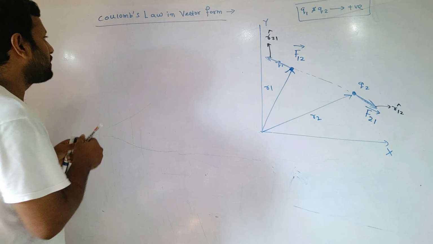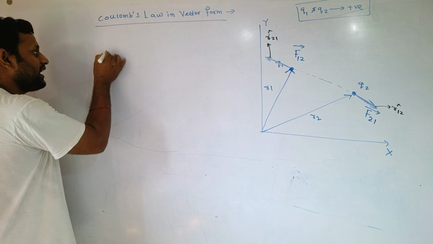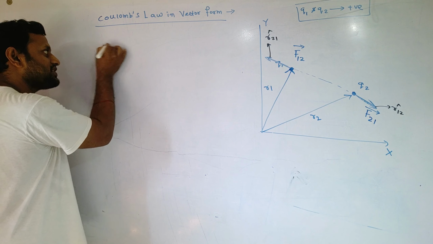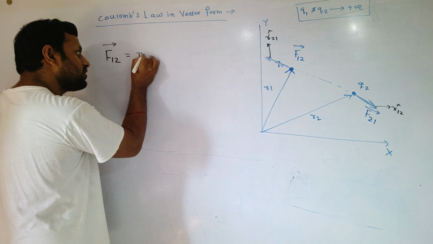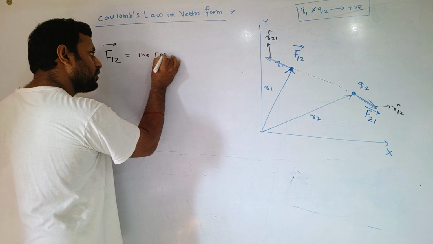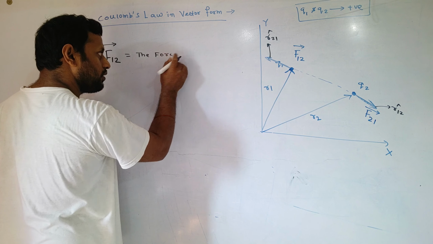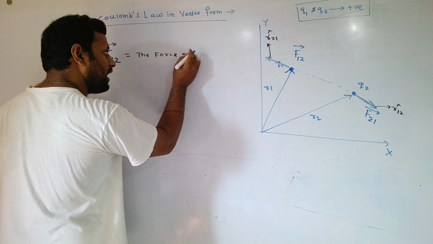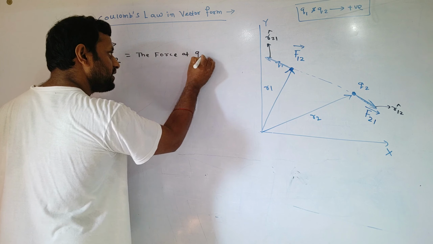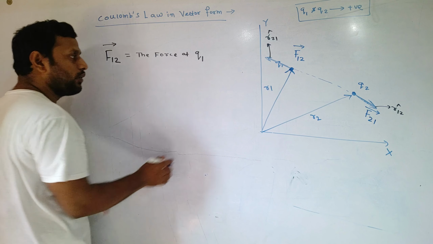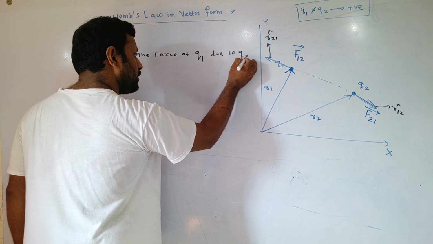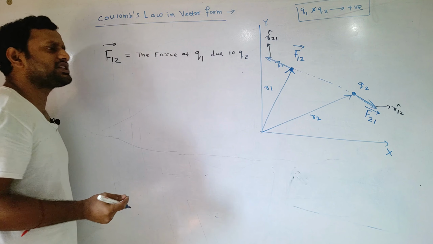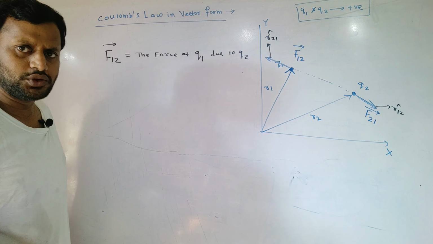First, F12 means what? And that is a vector. Clear? F12 is the force at q1 due to q2, the force experienced by the charge q1 due to charge q2.